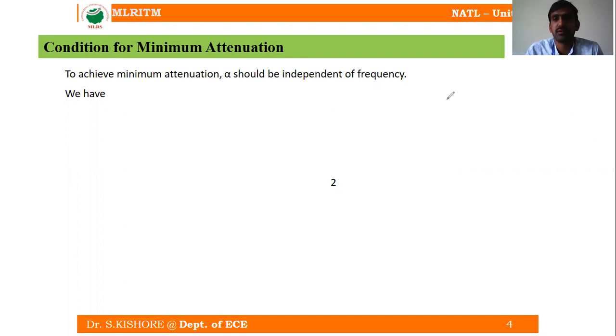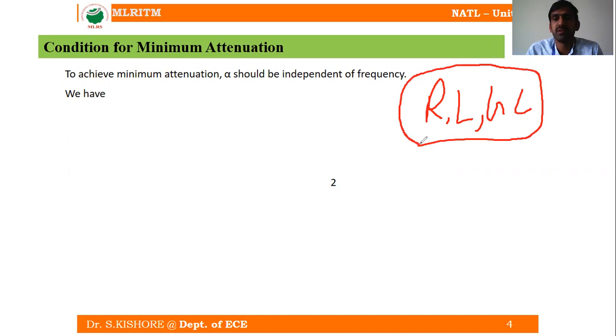If you take a transmission line, we have the primary constants R, L, G and C. What is going to be the relation between these four primary constants R, L, G and C? What values of the line should be considered, or are there any conditions, to maintain the attenuation as minimum as possible?